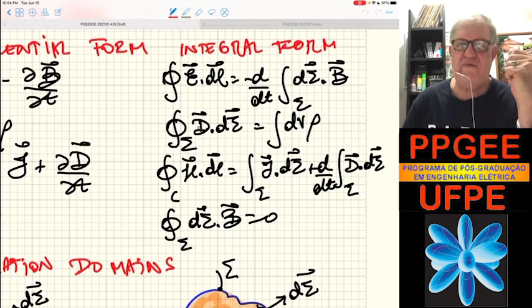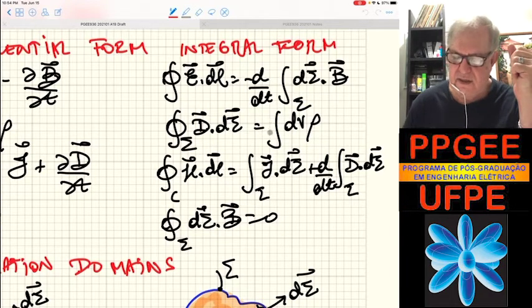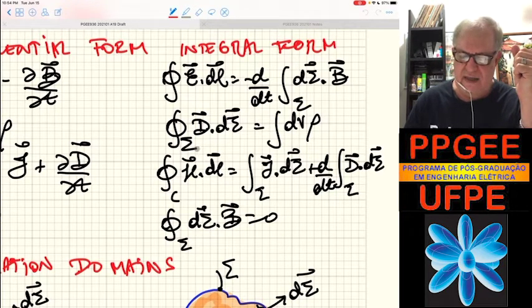The total flux that goes outwards from a volume bound by sigma equals the total free charge in the volume that is bound by sigma.